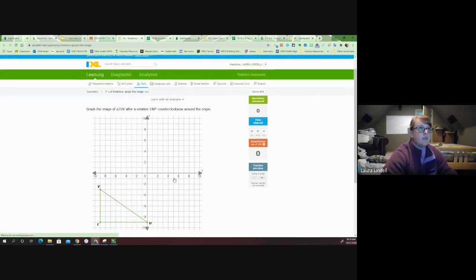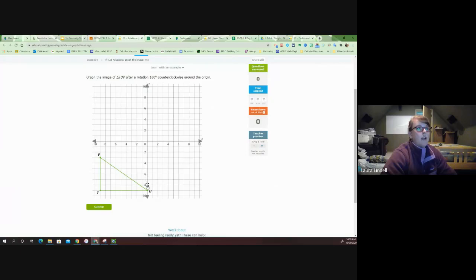So when we're going to graph the image, what I would do is write down my coordinates. So for example, this one is, or I guess you don't have to write down your coordinates. You can kind of take it piecewise. This coordinate is, let's see, 0, -9. If I'm rotating it 180 degrees, that means I'm just changing the sign on both of my coordinates.